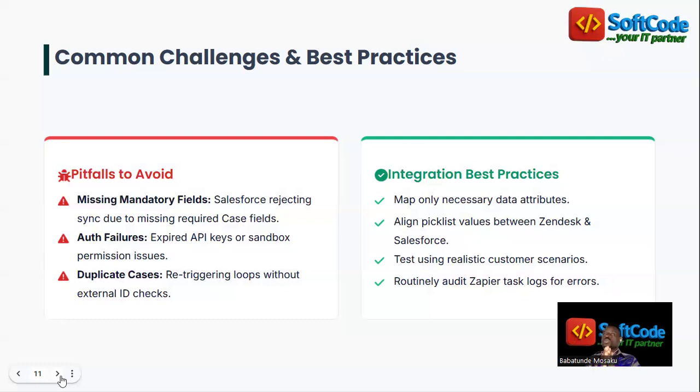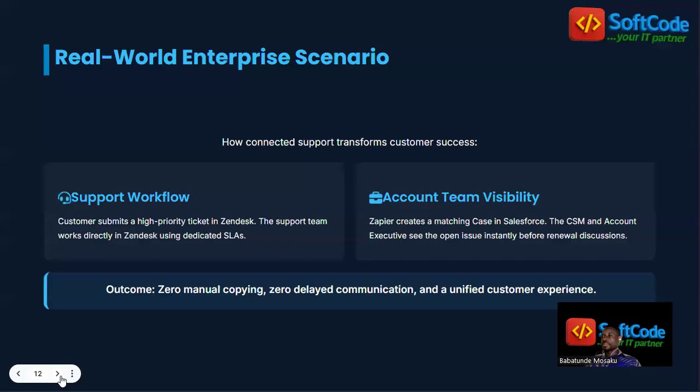So when you're going to use pick list values, you must be very careful in picking them so that you will not see one value in Zendesk and another value entirely in Salesforce. And then test using realistic customer scenarios and review the Zapier task logs for errors.